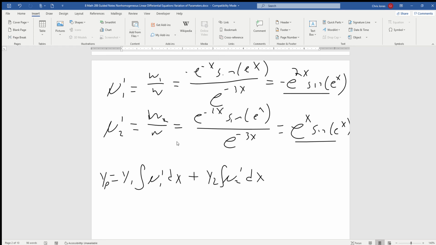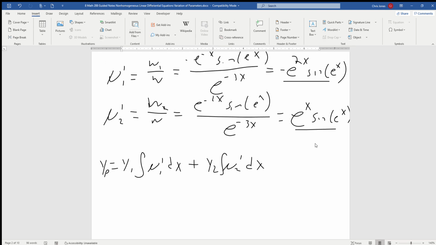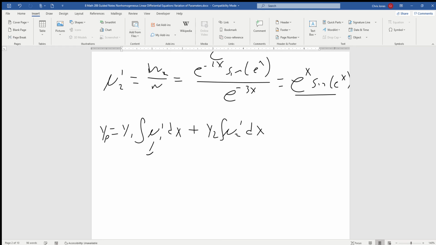Let's focus on u prime 1 to start with. That's actually the more difficult of the two. So this integral becomes, pulling the negative on the outside, the integral of e to the 2x sine e to the x dx.